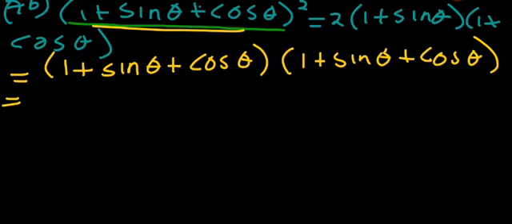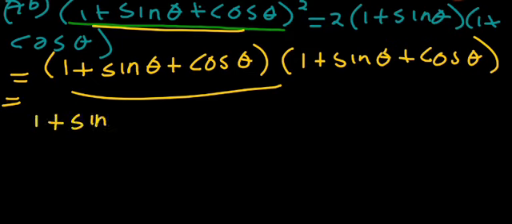So we are going to expand this. 1 times everything, it is everything there. So we're going to have 1 plus sine theta plus cos theta.